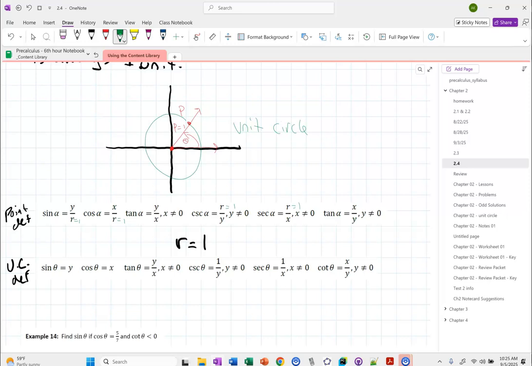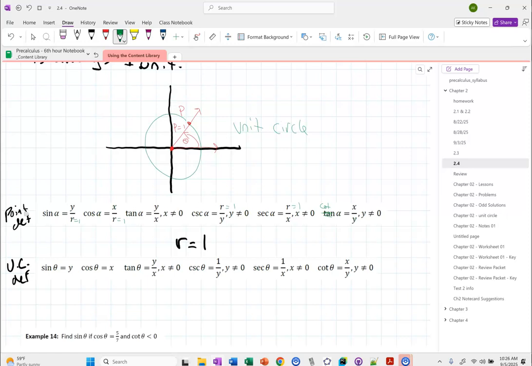X over R becomes X. R over Y becomes 1 over Y. R over X becomes 1 over X. Notice that tangent and cotangent stayed the same because they don't depend on R at all. Everybody's okay with that?